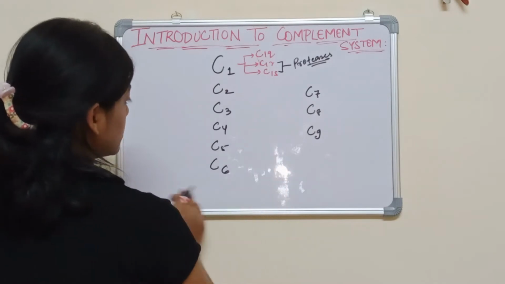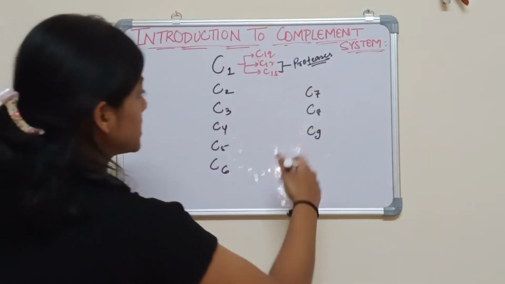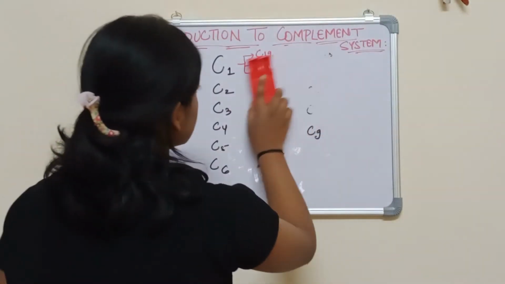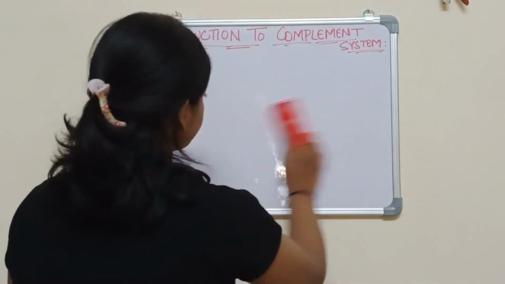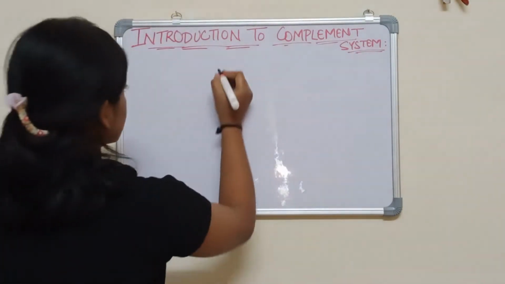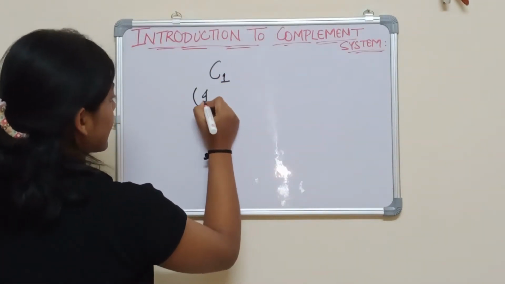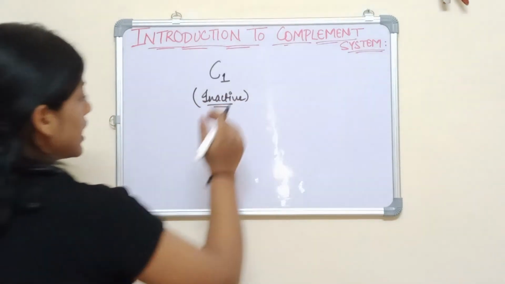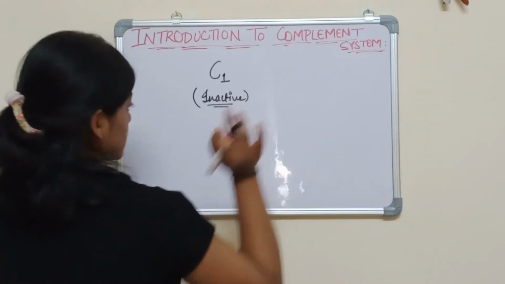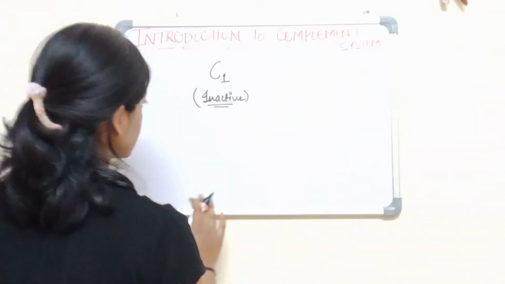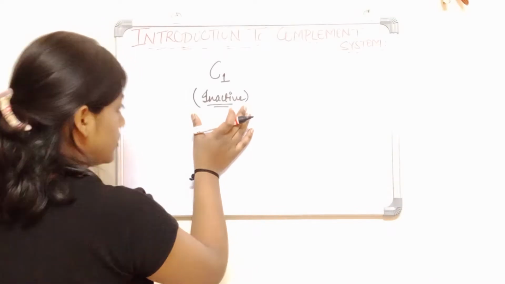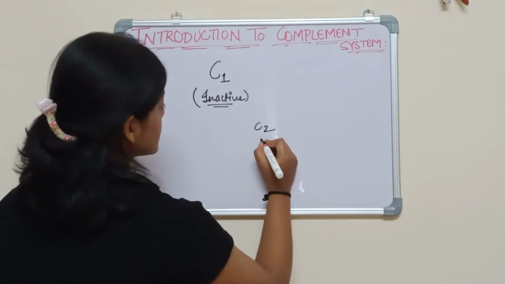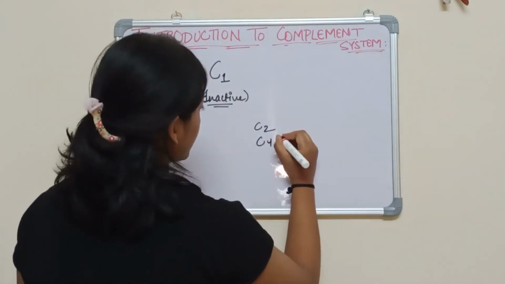Now let's see how these activate the complement system. So C1 protein or any protein, either C1, C2 or C3, what happens is, suppose this is the C1 protein, it is inactive and it has C1Q, R, S. So this C1 will break C2 and C4.